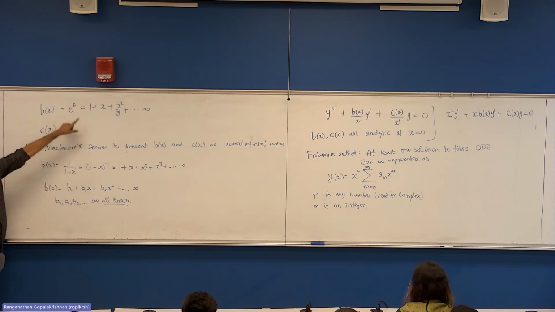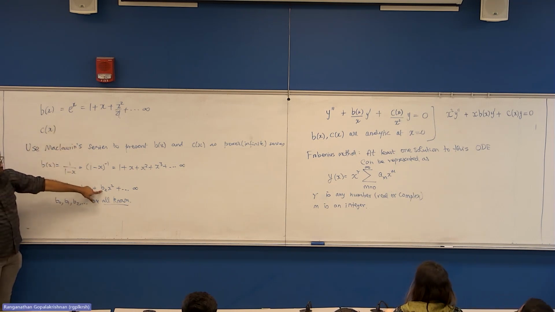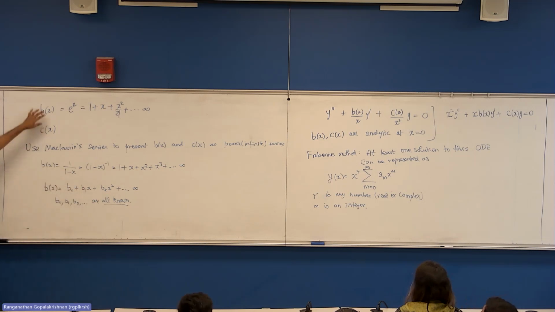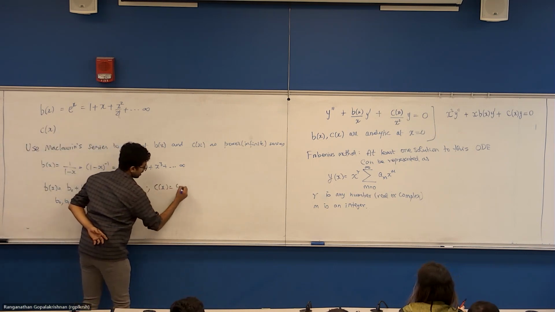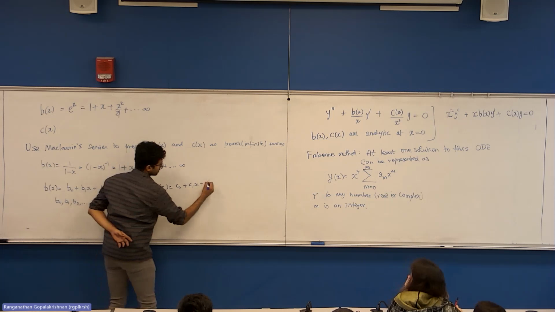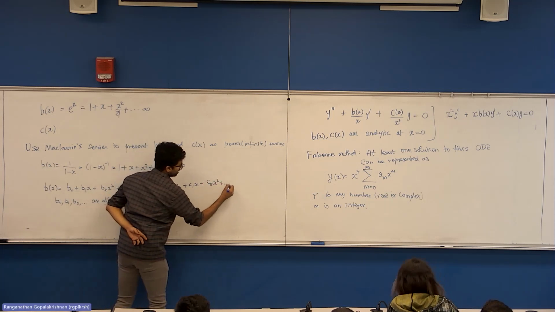What is b1? 1. What is b2? 1 over 2 factorial. So you can easily compare and work out what b naught, b1, b2 are. And for our discussion, we will treat them as knowns. So b of x, c of x, you can represent them in this fashion, and we will not think they are variables or that they need to be figured out later.